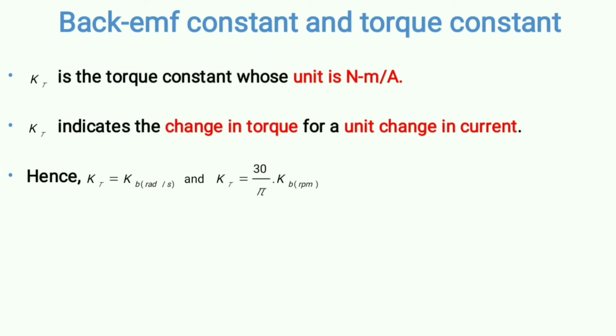But if you are referring to the back EMF constant in RPM, then they are not the same. Then KT is equal to 30 by pi into KB RPM. So I hope now these things are completely clear to you. That is the relationship between torque constant and back EMF constant.